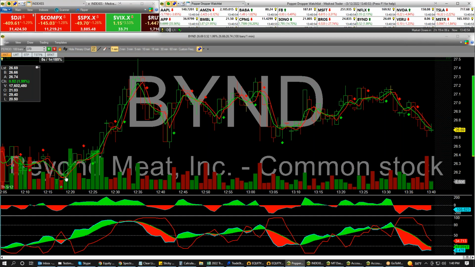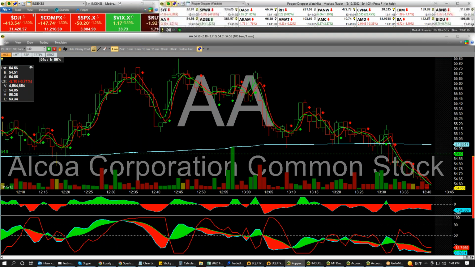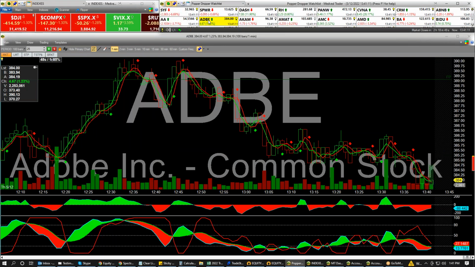Green arrow, both crossing, big move up. Both crossing simultaneously with the green arrow, big move up.